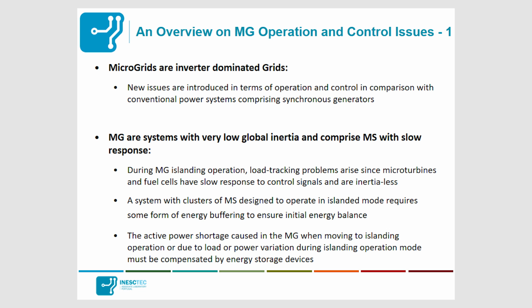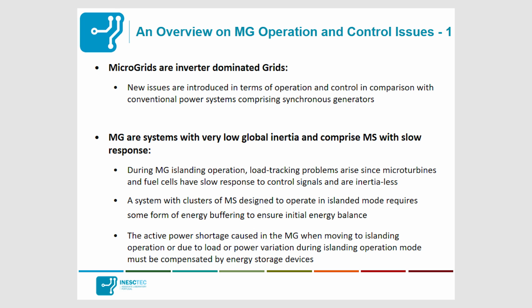And when there are some synchronous units, if they exist, because they can even not exist at all, but in some situations, there are also microsources with slow response times, as I will show you.